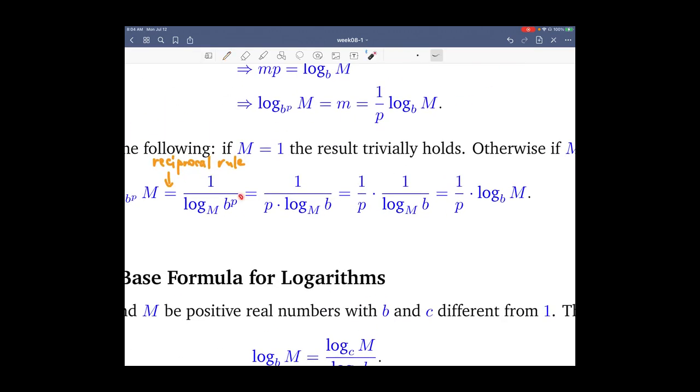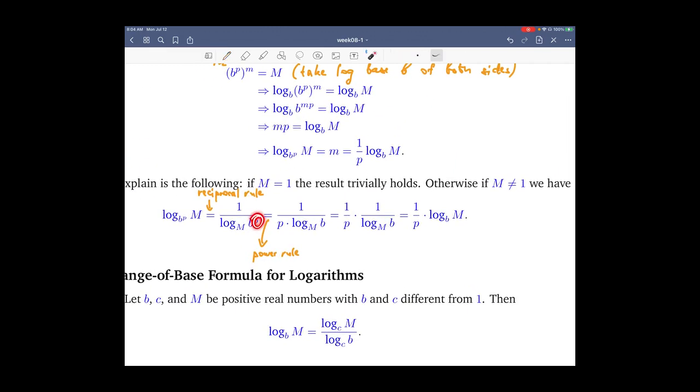Now, in the denominator, we can immediately apply the power rule. And so P comes down as a factor.